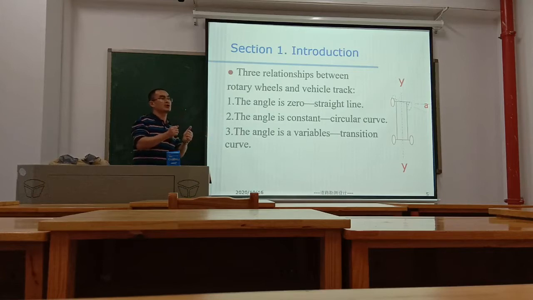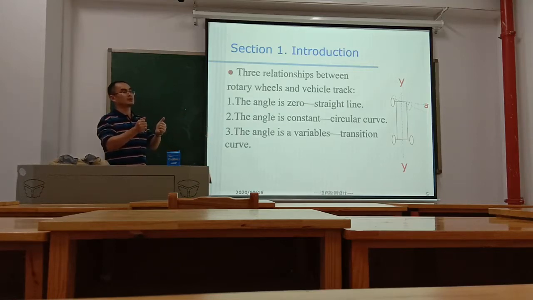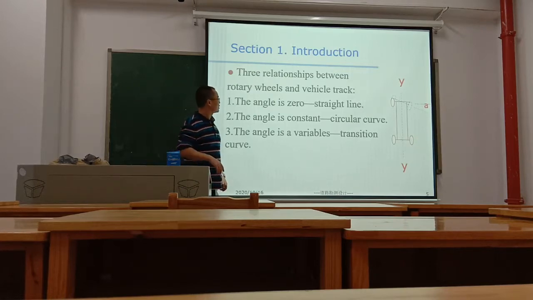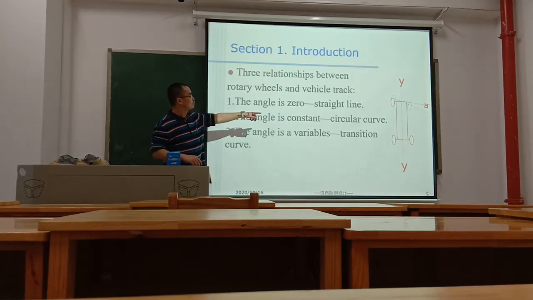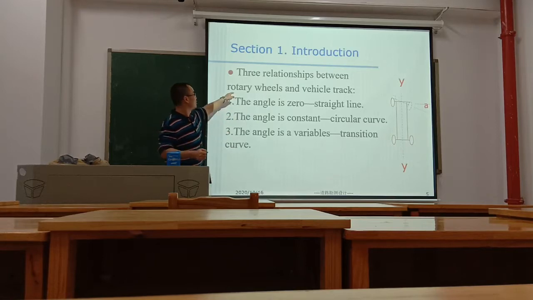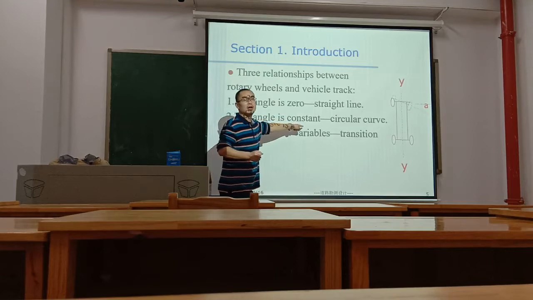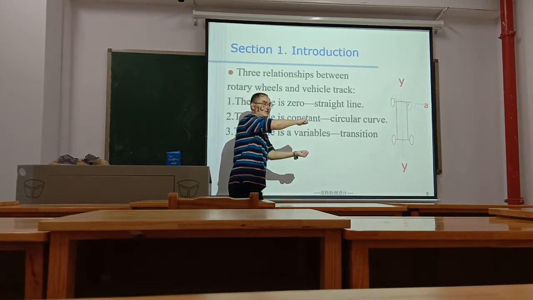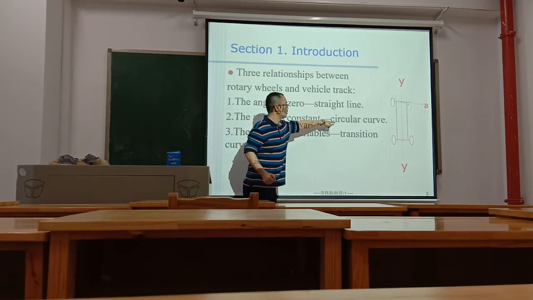You can keep the direction, and the controller is not moving, it's static. When you drive on the circular curve, you must rotate the rotator wheels with a constant angle, turn left, turn right.